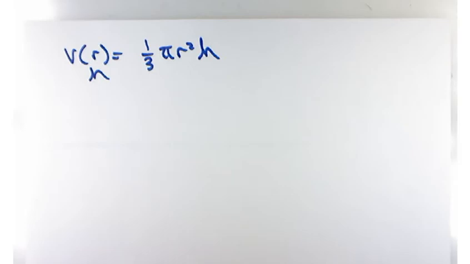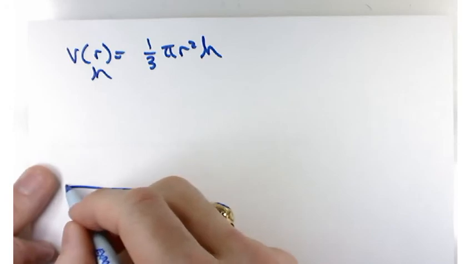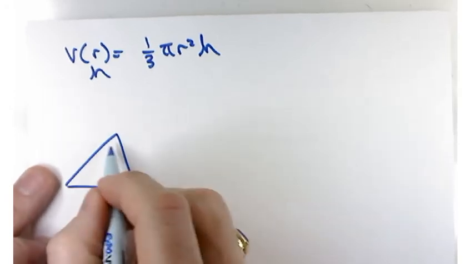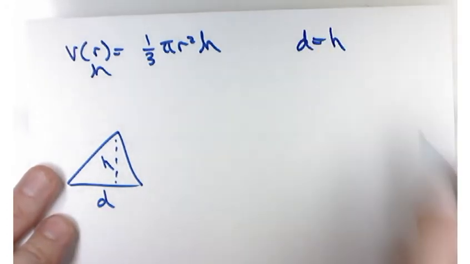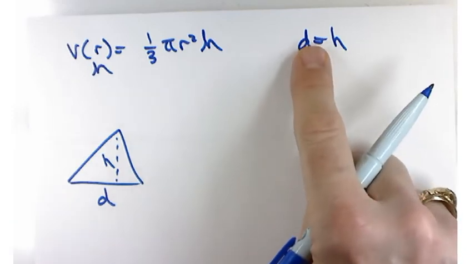But they tell us something here, that the diameter of this pile is always going to equal the height. So it's growing in such a way that the diameter here always equals the height here. So D equals H. But let's think about something else here.